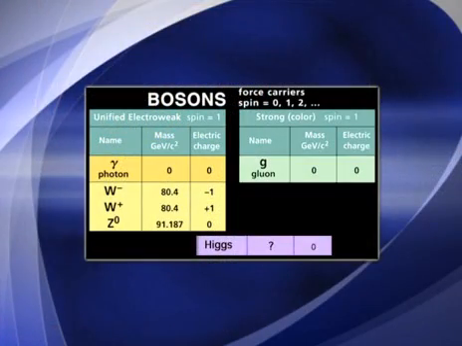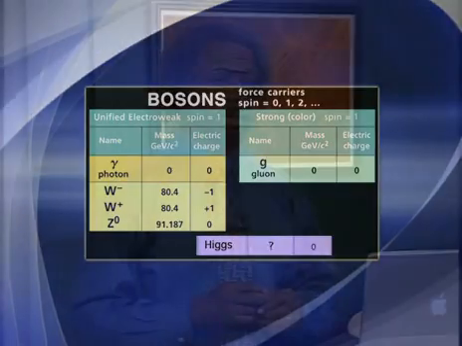On the other hand, we can count the force-carrying particles. There are 8 gluons, 1 photon, 3 intermediate vector bosons, and the Higgs particle. So we can count those. However, the counting is a little bit complicated because the photon counts for 2 states.